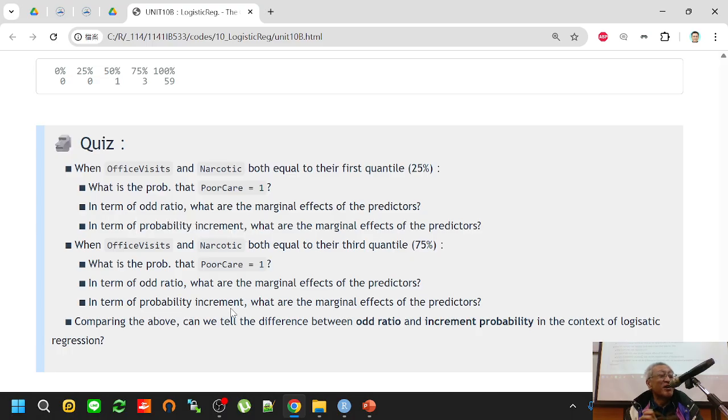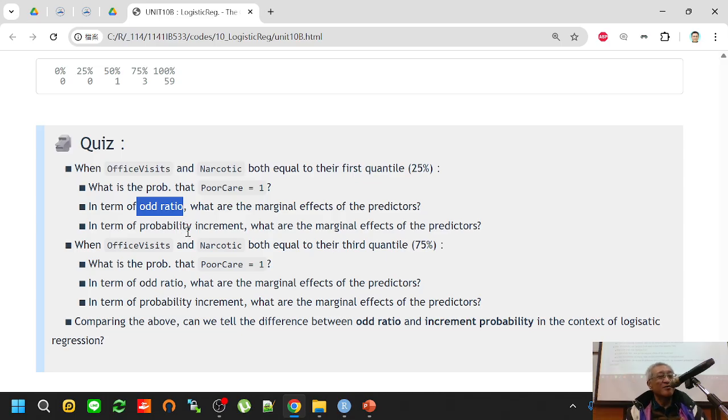So that's a few complications in interpreting the coefficients of logistic regression. Nowadays, most papers will simply report the odds ratio. It's quite easy: to acquire the odds ratio, you simply do an exponential transformation of the coefficient.